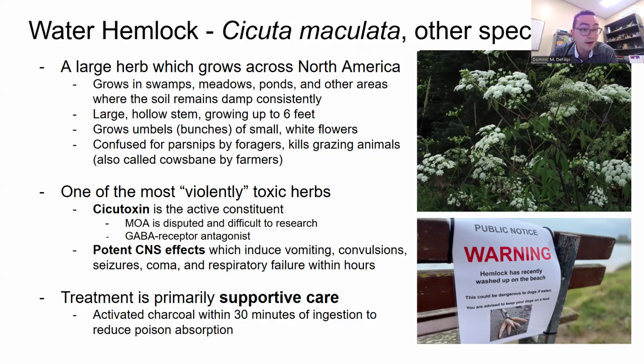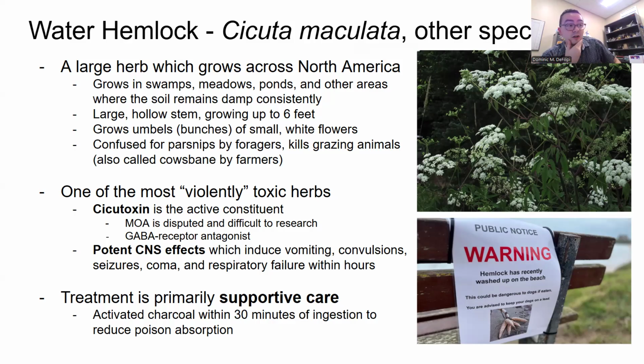It produces cyclotoxin, which is its active constituent, named after, of course, the genus. The mechanism of action is disputed, and it's very, very difficult to research. It's difficult to research for two reasons. The first reason being it kills things so fast that if you were to administer it to a mouse or something like that, you can't really monitor how the toxicity affects the body in any meaningful way.